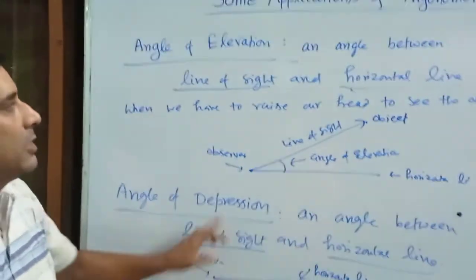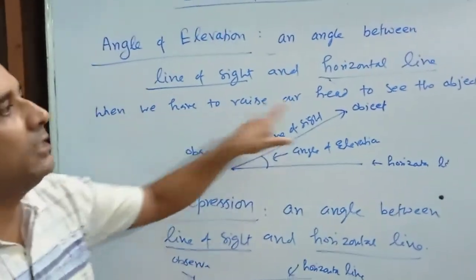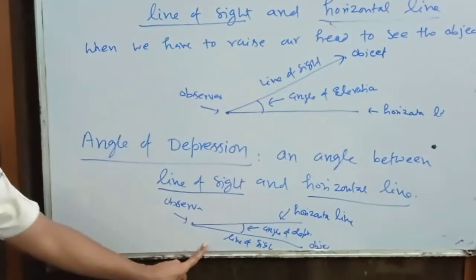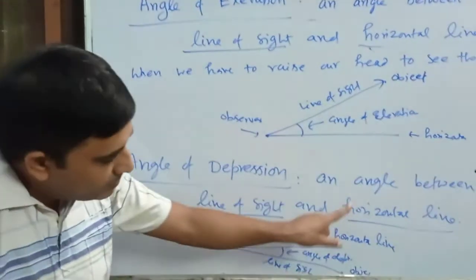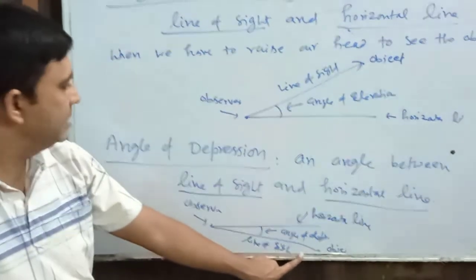Both are angles between line of sight and horizontal line, but in angle of elevation the object is above horizontal line, and in angle of depression object is below horizontal line. You have to lower your head to see the object.